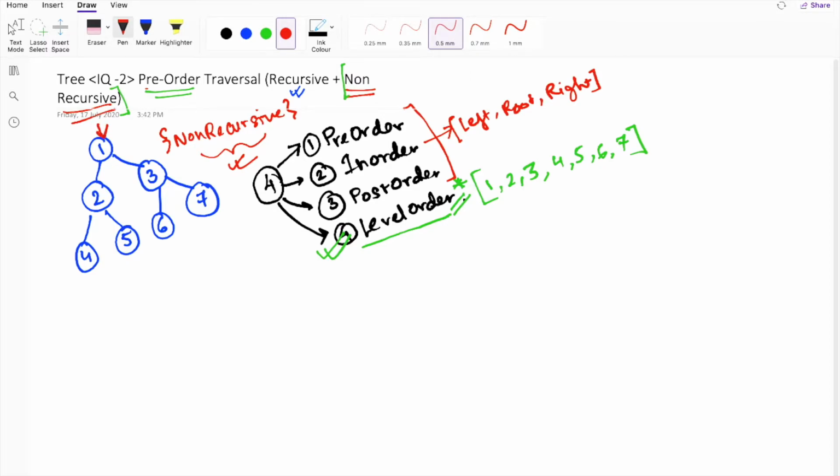If you are going with the in-order traversing, first we will check what is the left node over here. We will print the left hand side child node of this root node, and then we will print the root node, that is this node, and then we will print the right node, that is the right hand subtree over here.